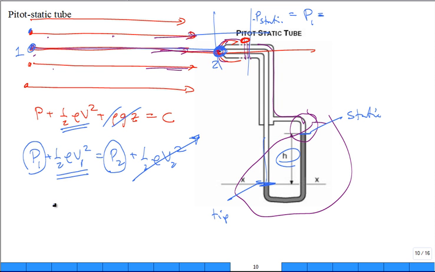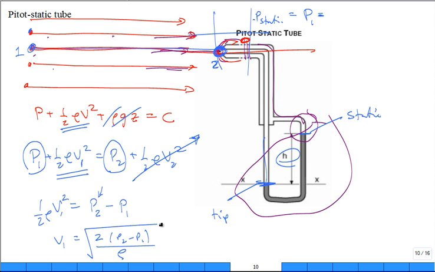So 1/2 rho v1 squared is equal to P2 minus P1. This is the higher pressure, right at the tip. It's equal to the square root of 2 times P2 minus P1 divided by rho.